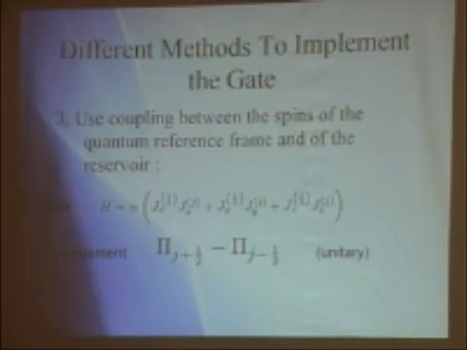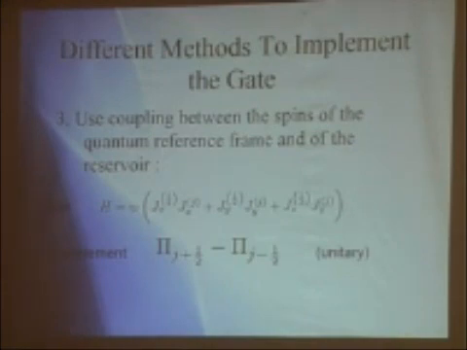Suppose that between your quantum reference frame and your reservoir, we have some strong coupling. This is a Hamiltonian that you can observe in the lab. So basically, you can use this Hamiltonian to perform this unitary on your joint system of the quantum reference frame and the reservoir.